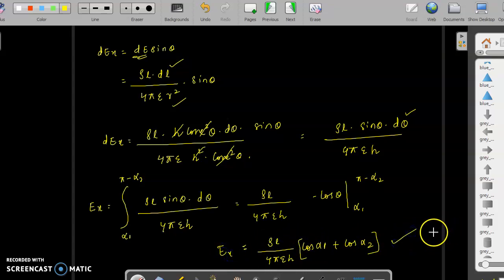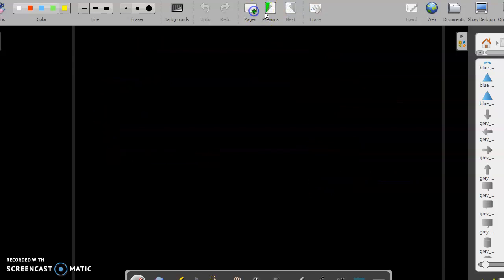Now we need to obtain the Ey component of the electric field intensity at the point P. Let us figure out the Ey component, that is delta E cos theta.